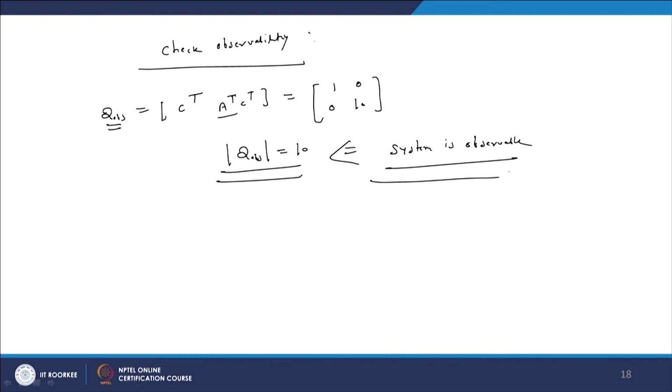Now the system is observable, and to get the full order observer we directly use the formula for getting the observer gain matrix. So the Ackermann formula, that is Ke equal to phi of A, and here C A inverse to 0 1.